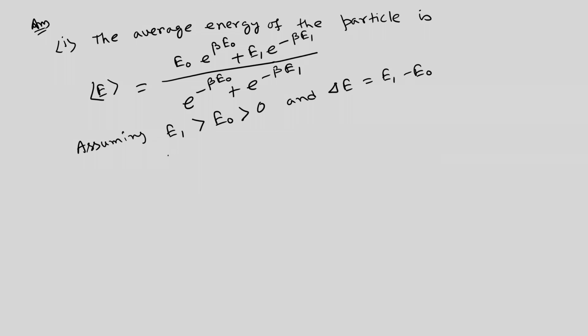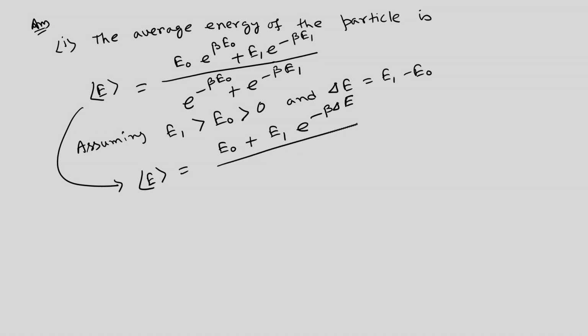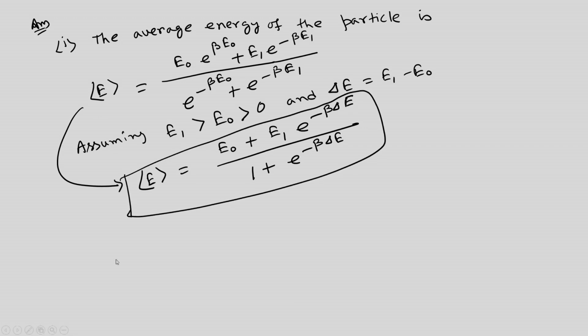So, you can write average energy E is E0 plus delta E e to the minus beta delta E by 1 plus e to the minus beta delta E. So, this is the expression for average energy, very easy.